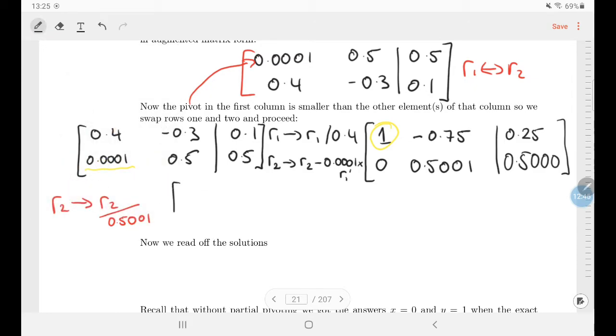And so we get first row is 1, minus 0.75, 0.25. 0 divided by that number is 0. 0.5001 divided by 0.5001 is just 1. And then we're left with 0.5000 divided by 0.5001, which comes out as 3 9s and an 8, and then a couple of zeros. So to 4 significant figures, we're getting this. Now look where we are.